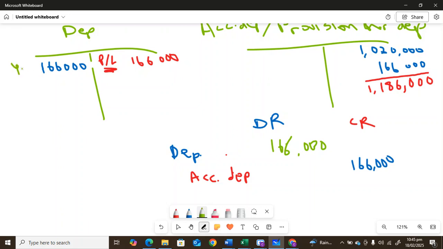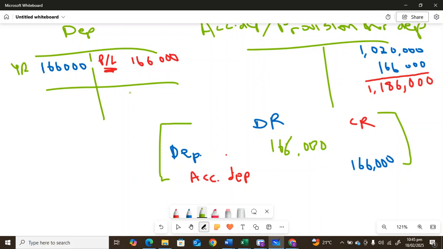We'll call this year one. In the next year again, since it's a straight line method, the depreciation expense will always be the same. So in this next year, you're still going to do this journal entry: debit depreciation expense, credit accumulated depreciation.